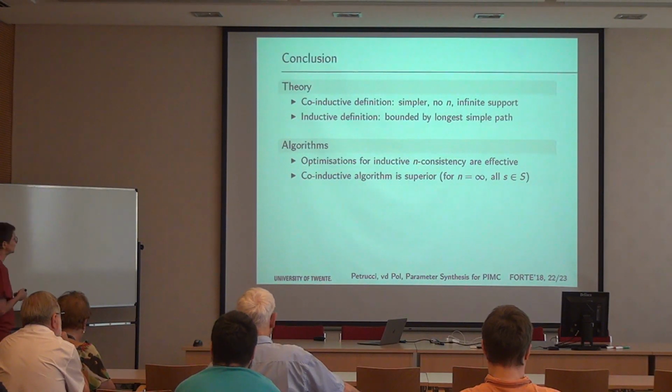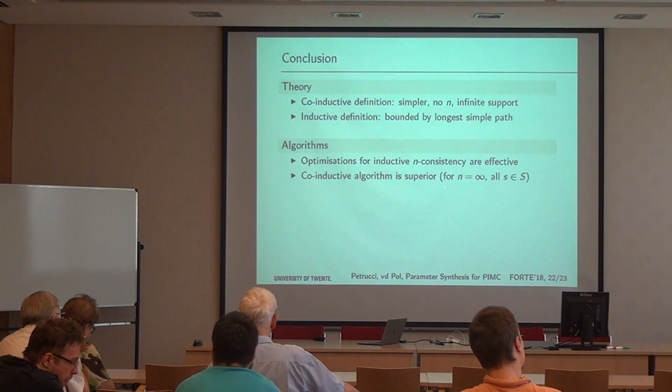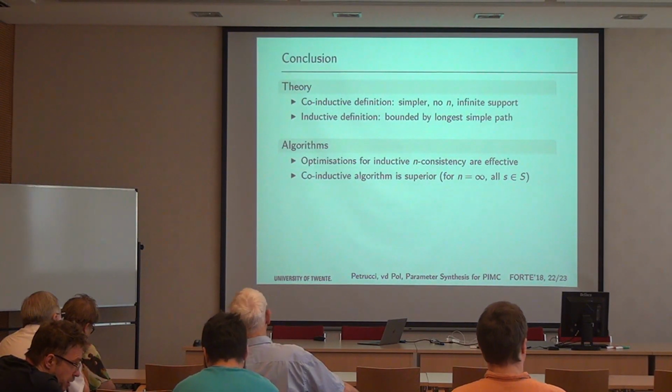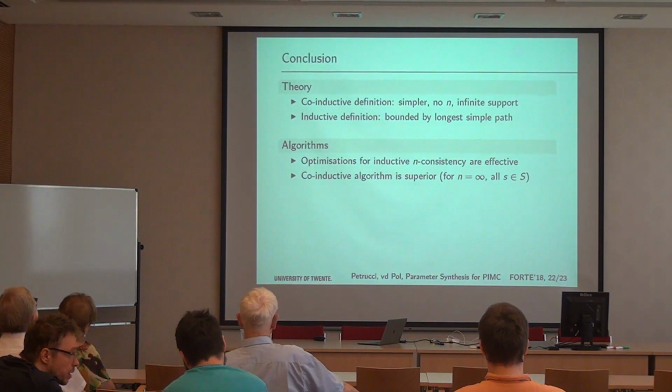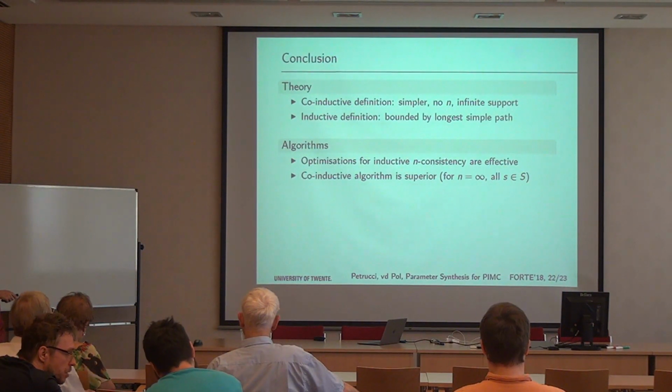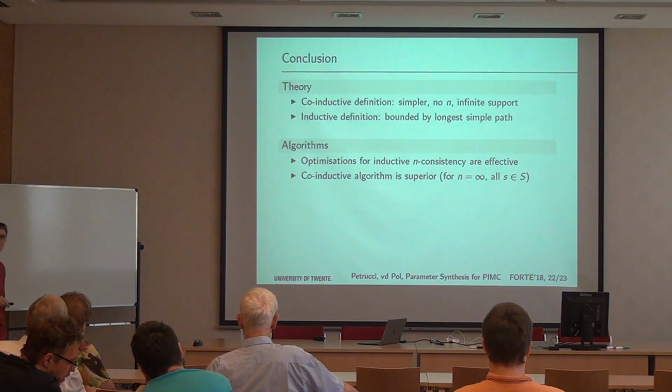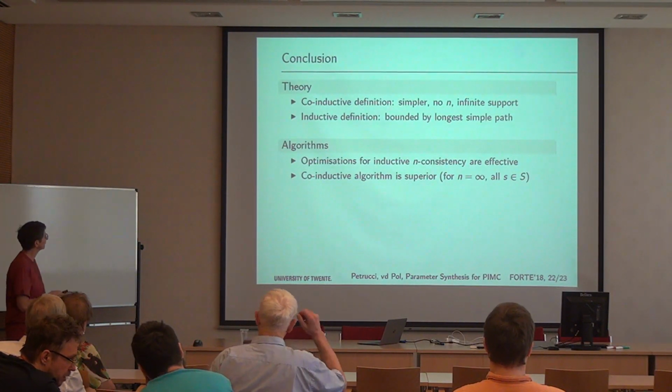And for the co-inductive algorithms, we have better results. So it's superior as we don't have to care for this n, and it works for all s, which is not the case for this n consistency, where you have to say for which state you're looking for the result.